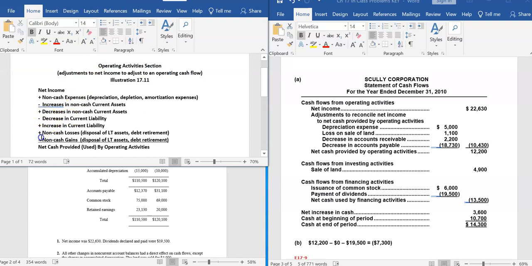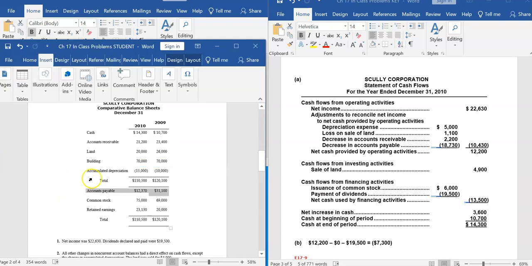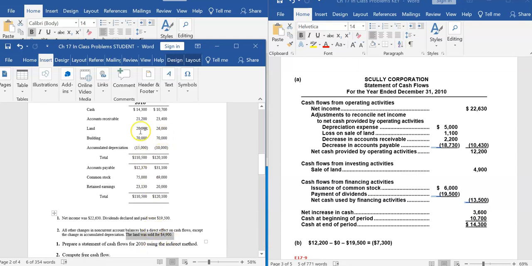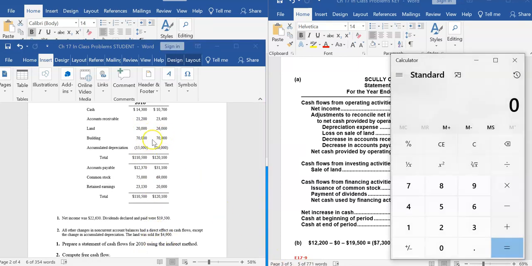The last type of adjustment we need to look for are non-cash losses and non-cash gains. The problem told us that the land was sold for $4,900. When I look at the land account, there was a decrease of $6,000.